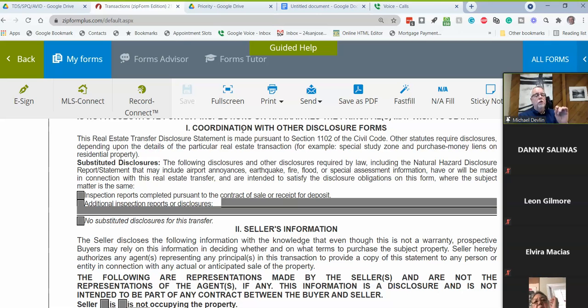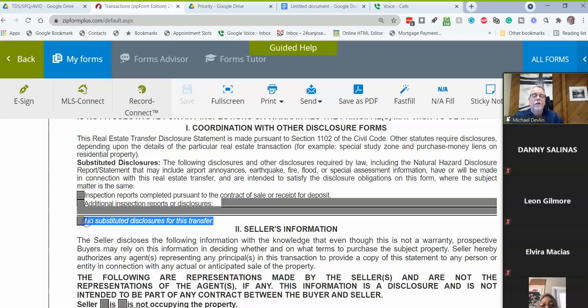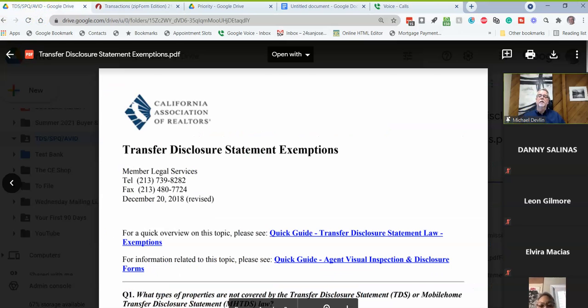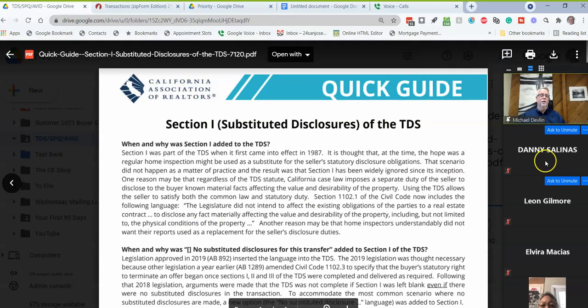So those of you that are older, more experienced, and have no social life, and so you remember stuff like this, the third choice, no substituted disclosures for this transfer. You see that part there? That was added in. And one of the documents that I have shared in my little folder has to do with substituted disclosures.